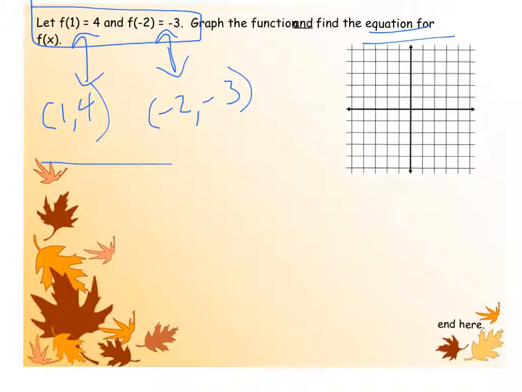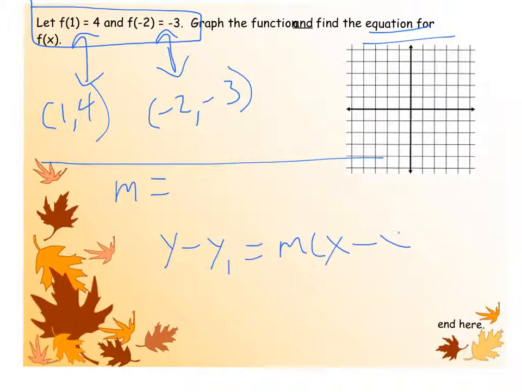And then if we followed everything that we did in 1.3, to find the equation we first find the slope and then go to point-slope form, all that stuff that we did in 1.3, all right? If that's something you still need some more work on, then the lessons in 1.3 are where you want to go.